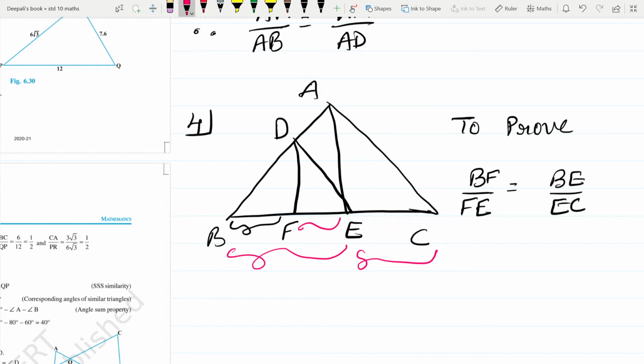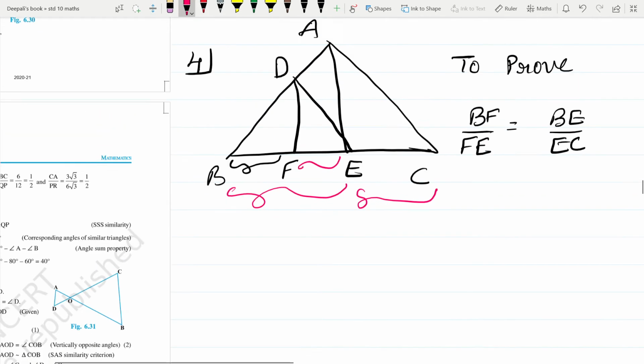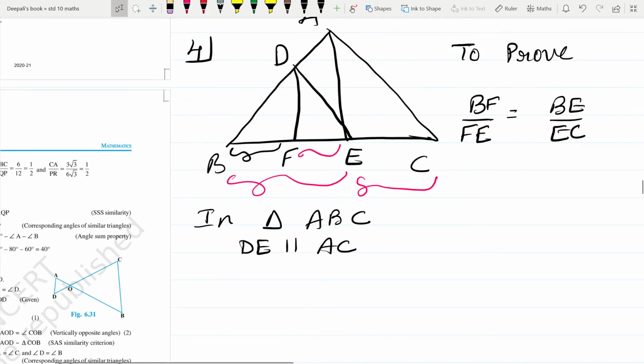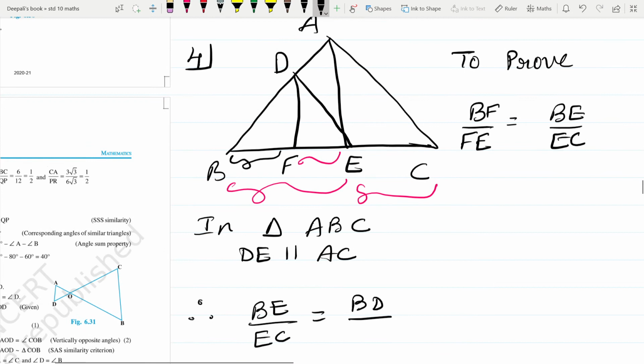Now, if we look at the two triangles which are formed here, the first triangle, that is triangle ABC, DE is parallel to AC. Therefore, BE upon EC is equal to BD upon AD.